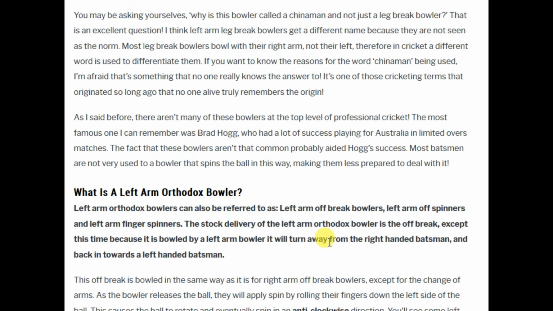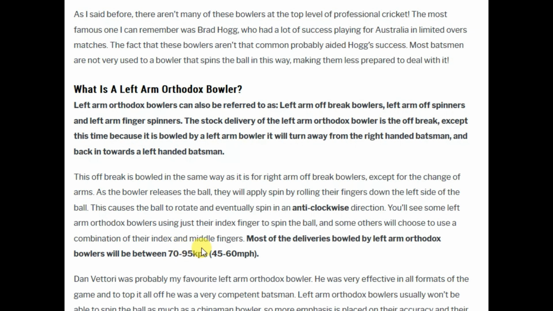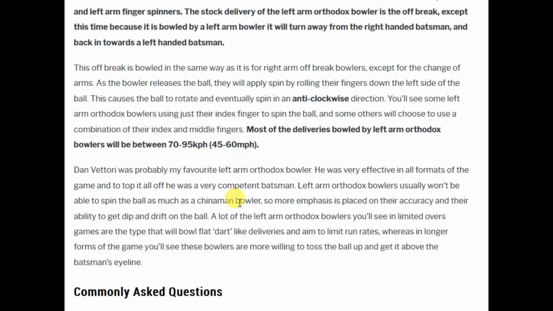This is the main point. It is turned away from the right-hand batsman and back towards the left-hand batsman, as the position of the batsman is in the opposite direction, and the speed is approximately 70 to 95 km per hour, as we have noticed earlier.